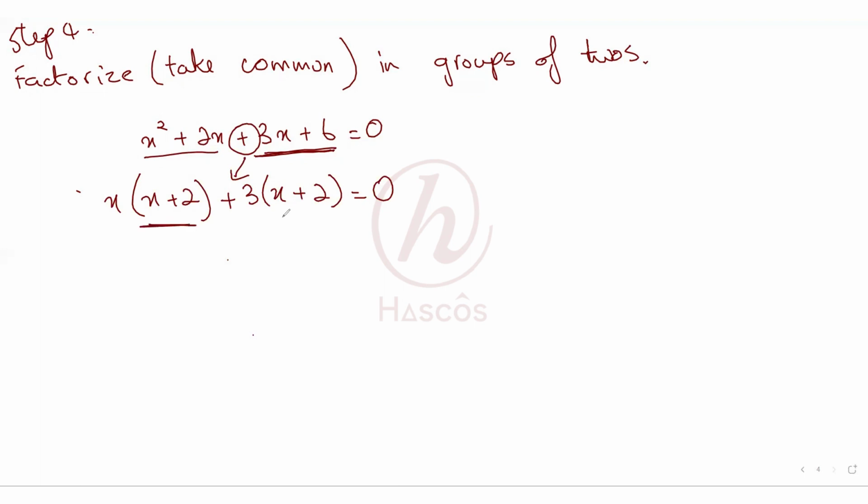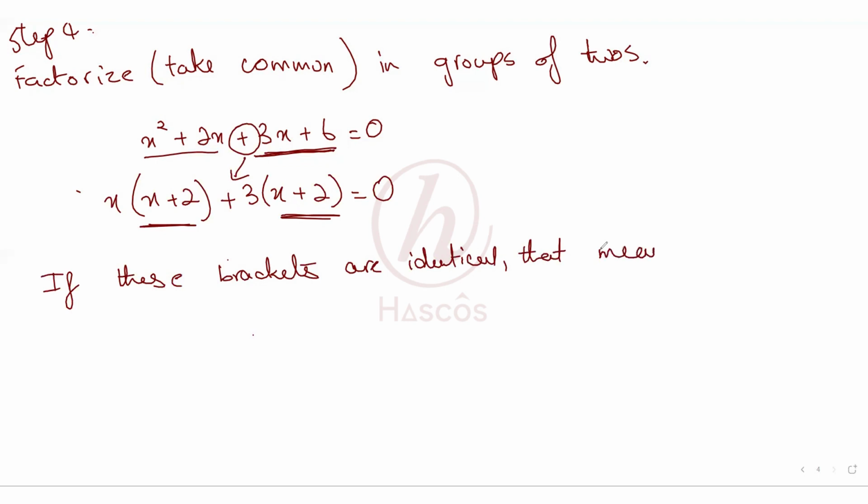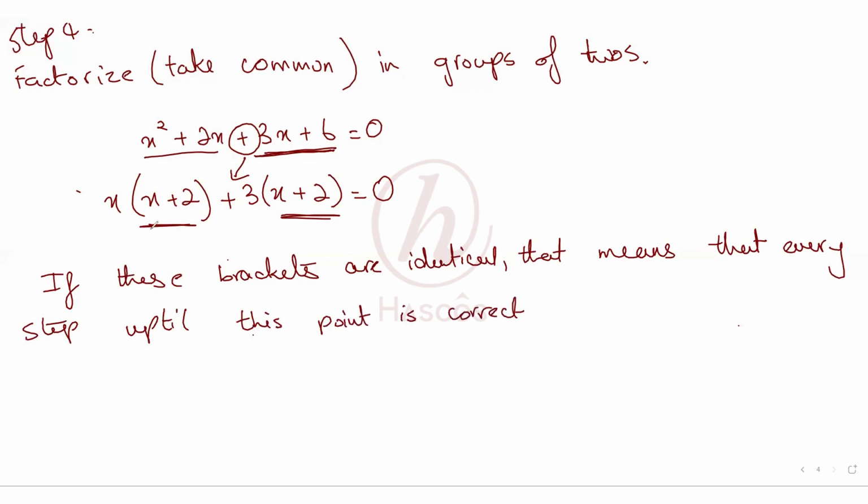If these brackets are identical, that means that every step up till this point is correct. x plus 2 and x plus 2, both of these brackets are exactly identical.